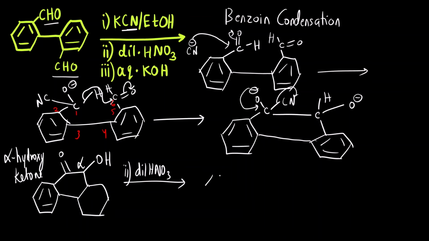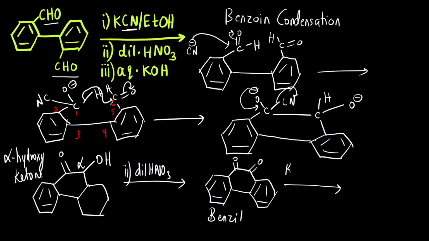So what will it do? Dilute HNO3 will oxidize the secondary alcohol to ketone. Now this is called benzil. So this will undergo another name reaction that is called benzilic acid rearrangement.